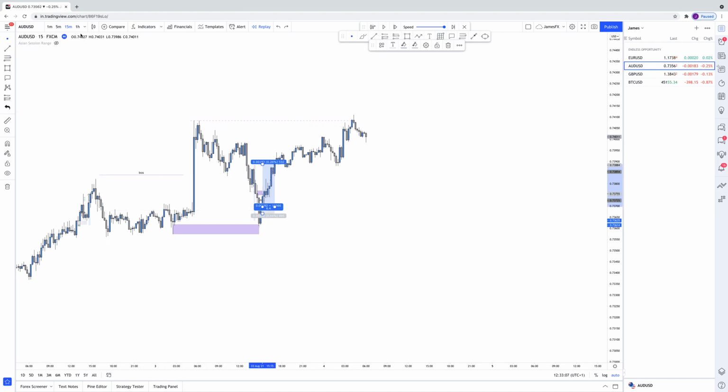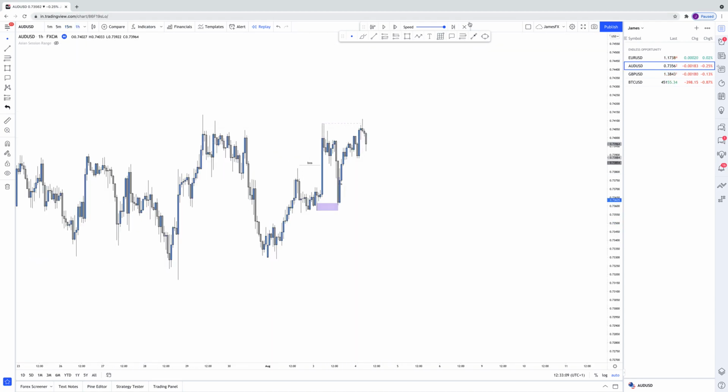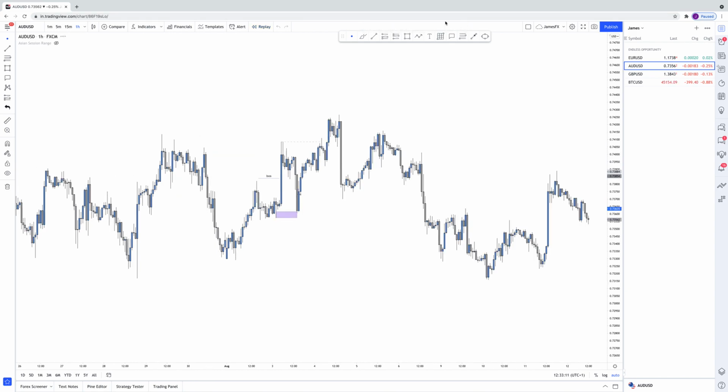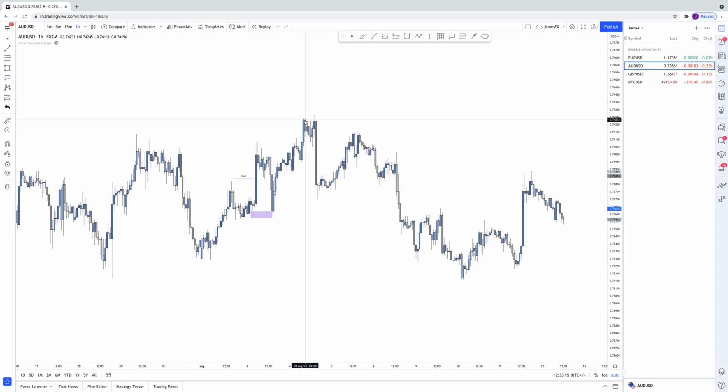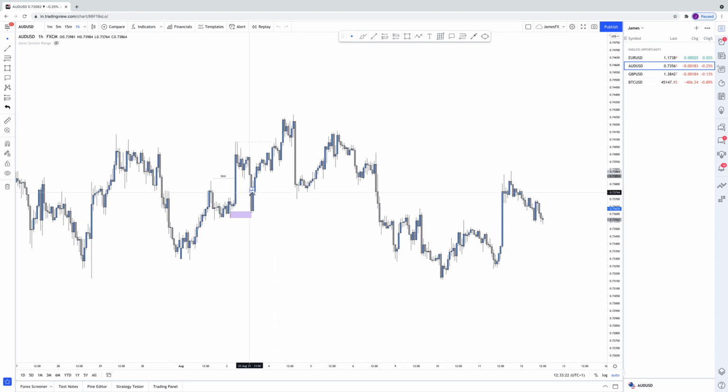So yeah, that's the trade. And just come out of the bar replay tool, we can see that was a good few weeks ago. Price did push up, and as I mentioned, we then saw large momentum down, which is, as I said, liquidating all of these lows here and this candle.